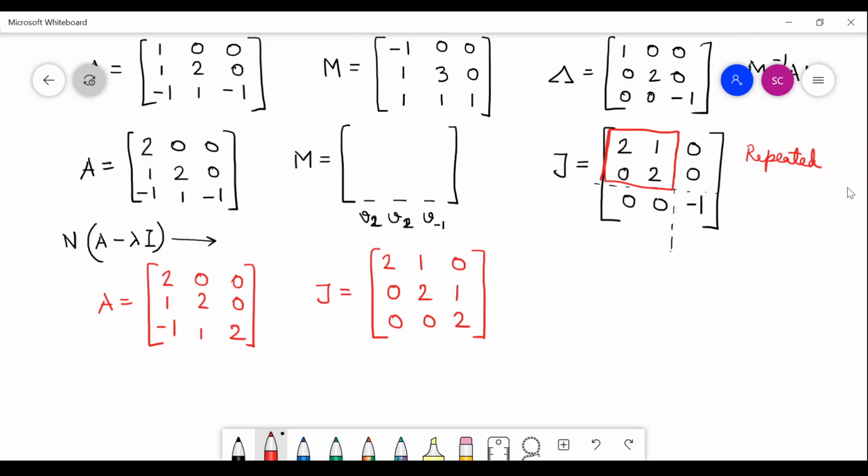I wanted to introduce the Jordan block first and then pose some questions whose answers I will give, and then a more accurate understanding of making the Jordan form will come to you.